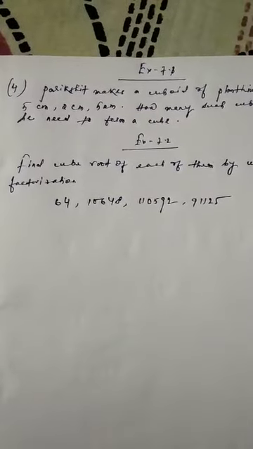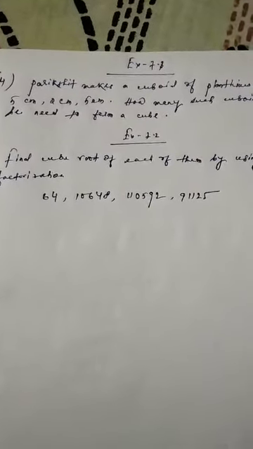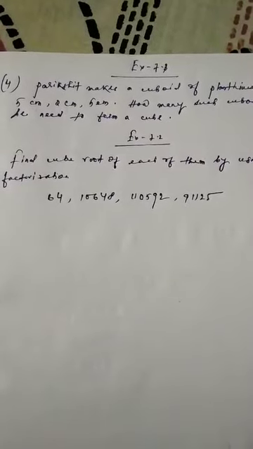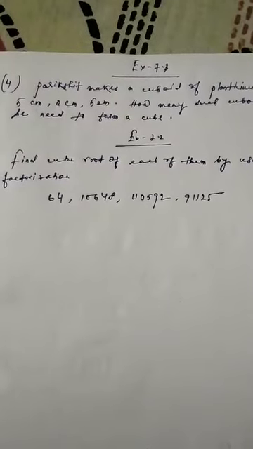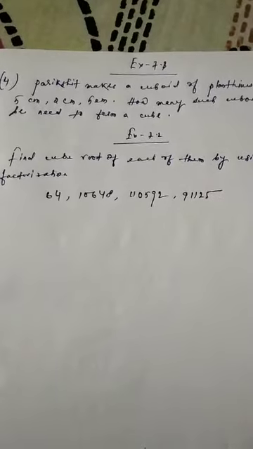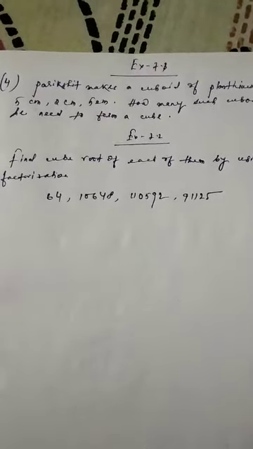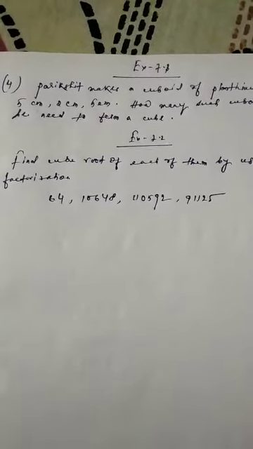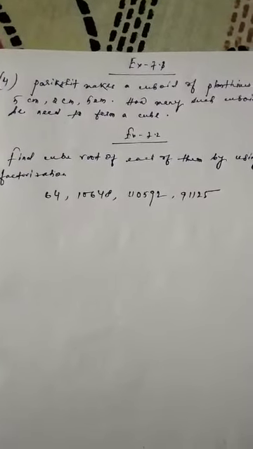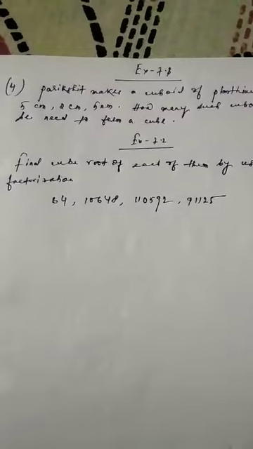The very first thing that you have to understand is the basic difference between cuboid and cube. Children, a cuboid is a rectangular box in which the measures of all three dimensions, length, breadth and height, are different from each other.